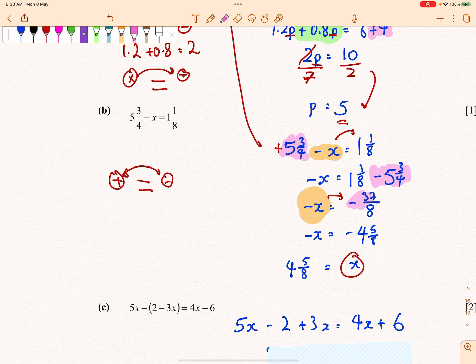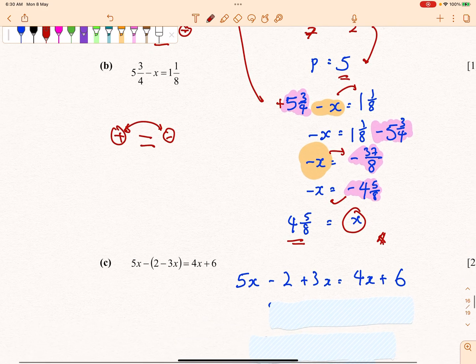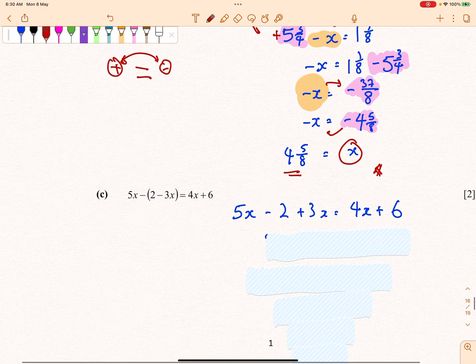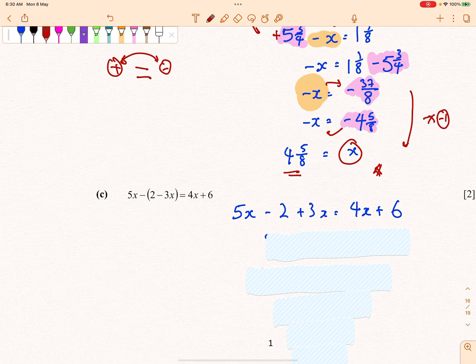Similarly, negative 4 over 8 brought over will become positive. Alright, so that's how you get the answer. Alternatively, you can say both sides times negative 1, which also removes the negative sign.